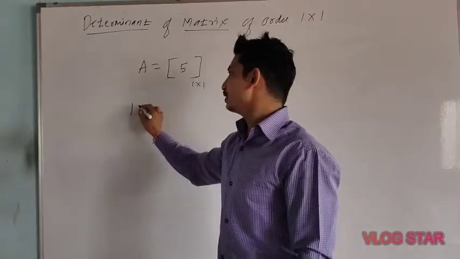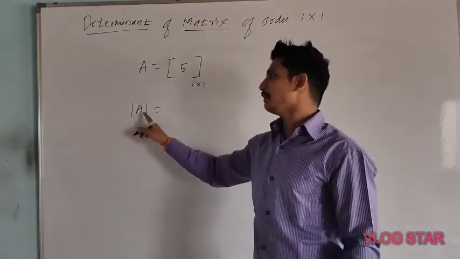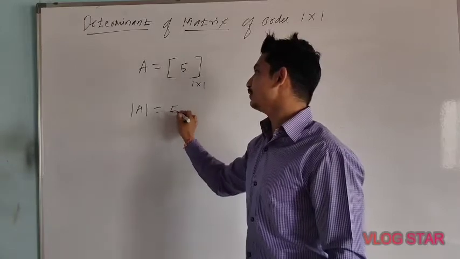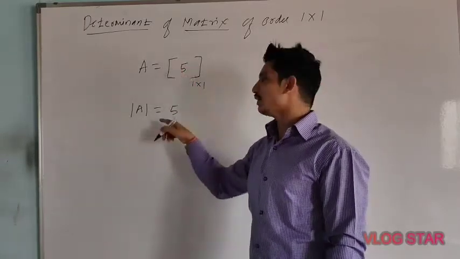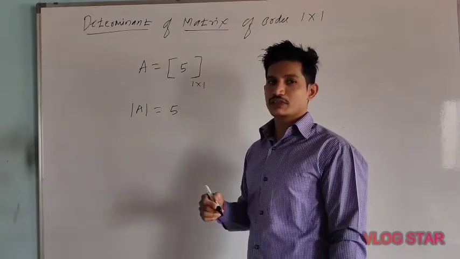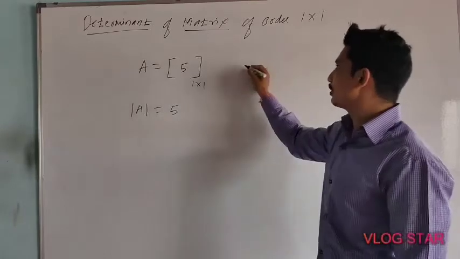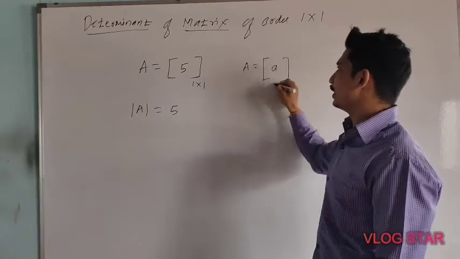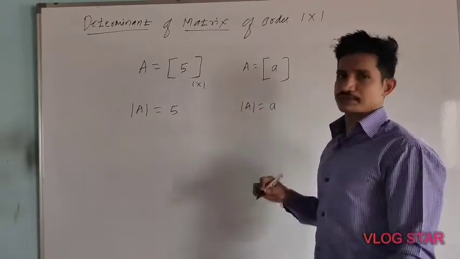So the determinant of A is equal to the value of A, and for a 1 cross 1 order matrix, its value is 5 only. Again, if you write a matrix A with a small a, then the determinant of A is a.